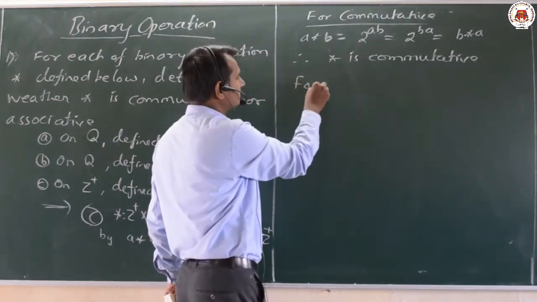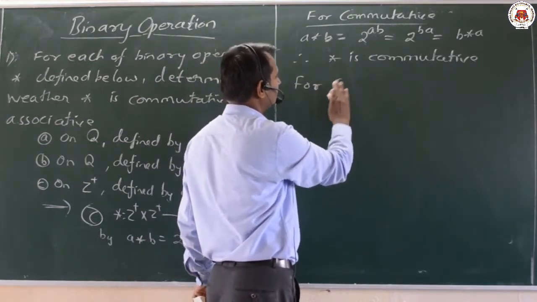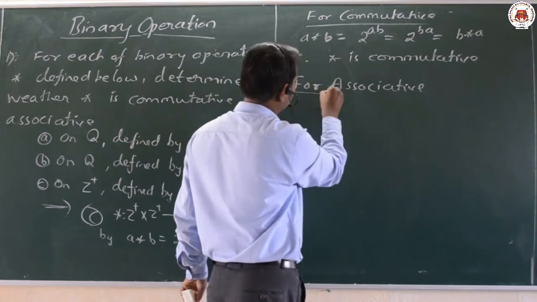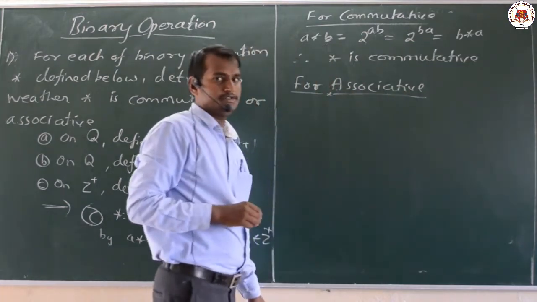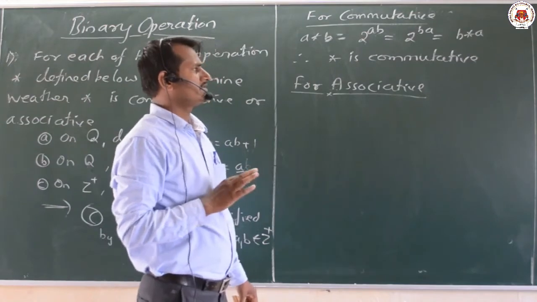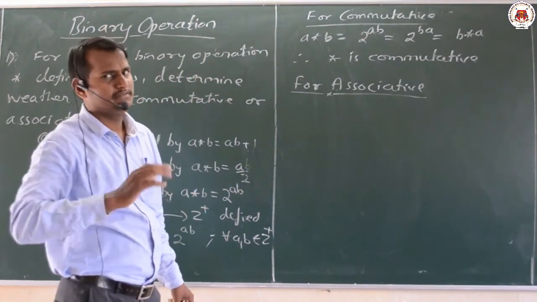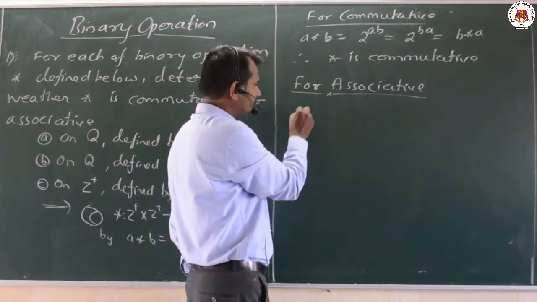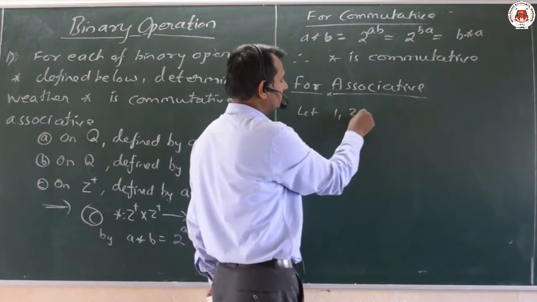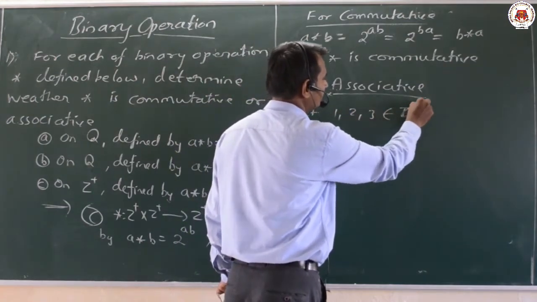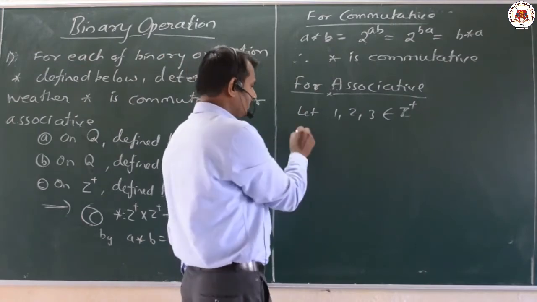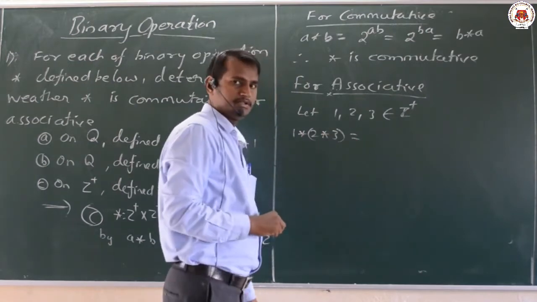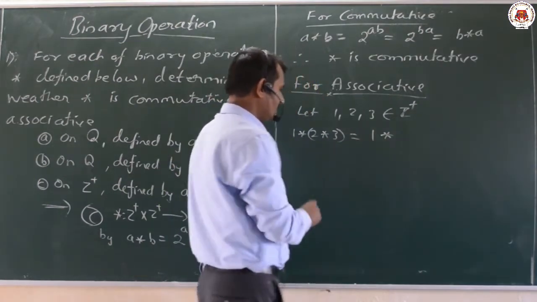Now for associative. Let us observe here. To prove whether it is associative or not, let us take a simple example. Let 1, 2, 3 belong to Z plus. Now what do we require to show? Let us find the value of 1 star (2 star 3).